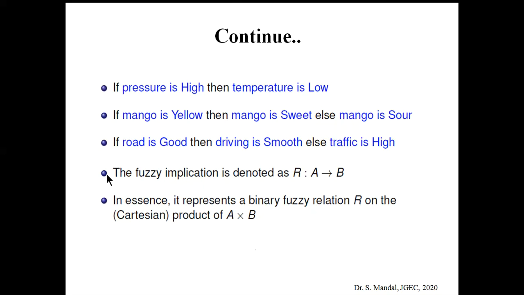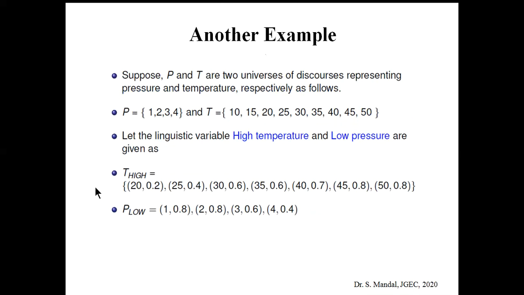So a fuzzy implication or fuzzy rule can be denoted by R: A implies B. In essence, a fuzzy rule or fuzzy implication is defined by a binary fuzzy relation R on the product of A cross B. Remember, it represents a binary fuzzy relation on the product of A cross B. Now let's see an example.